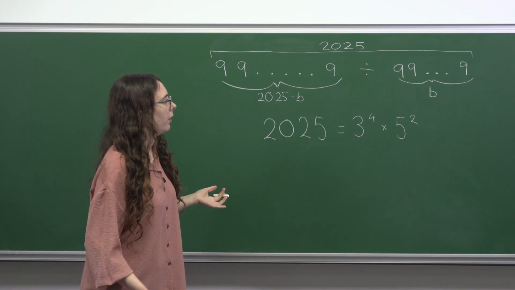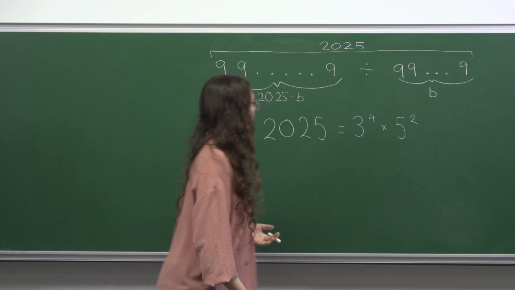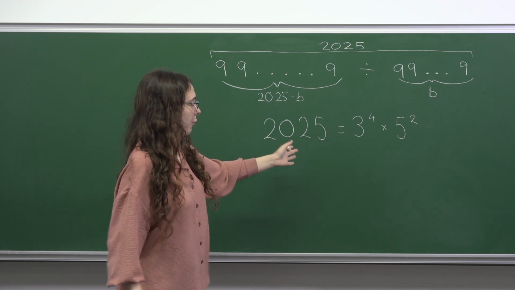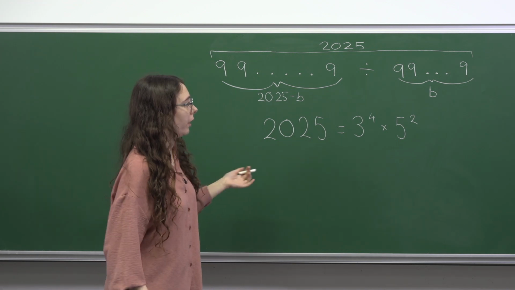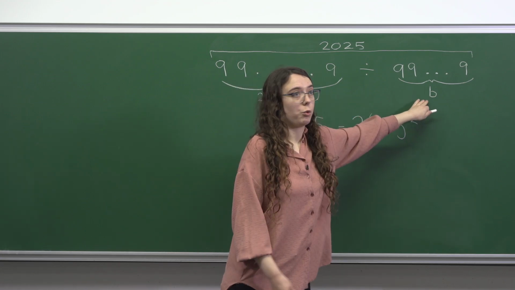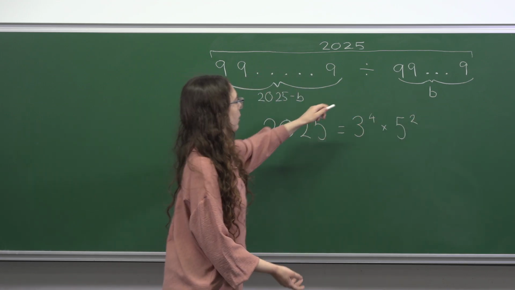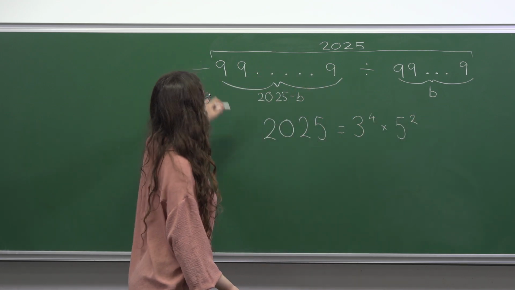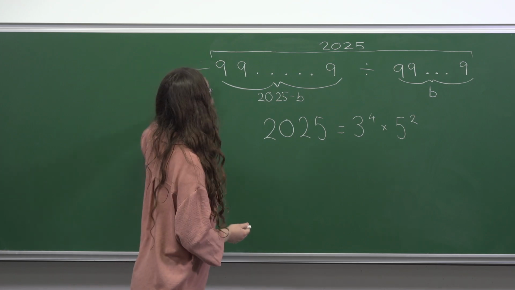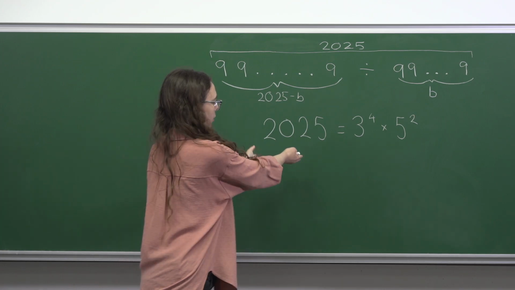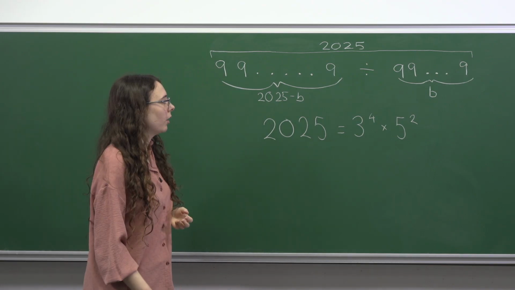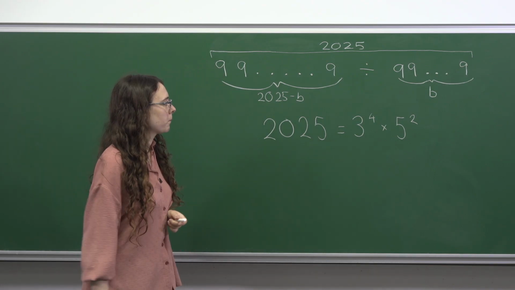And so to work out how many choices of b there are, we're really interested in how many factors 2025 has. Now note that we can't actually take b equals 2025 because that would be like putting the division sign over here, which is clearly not okay.